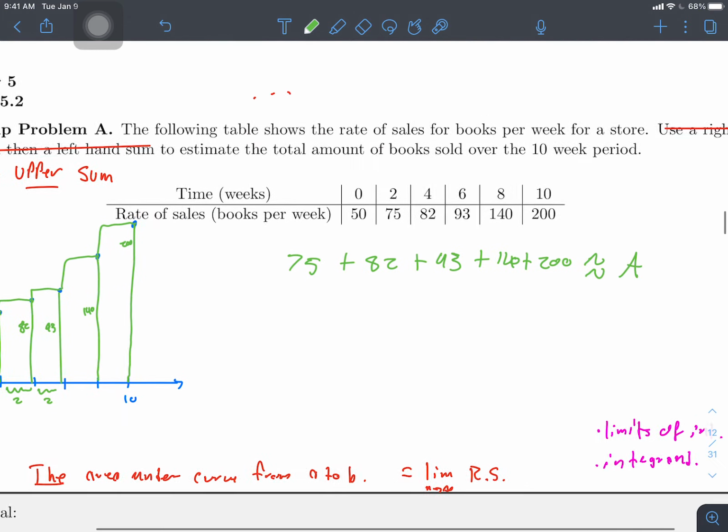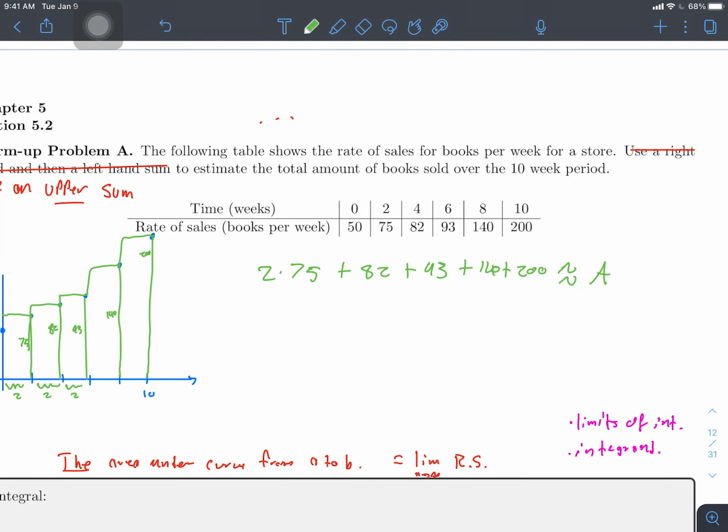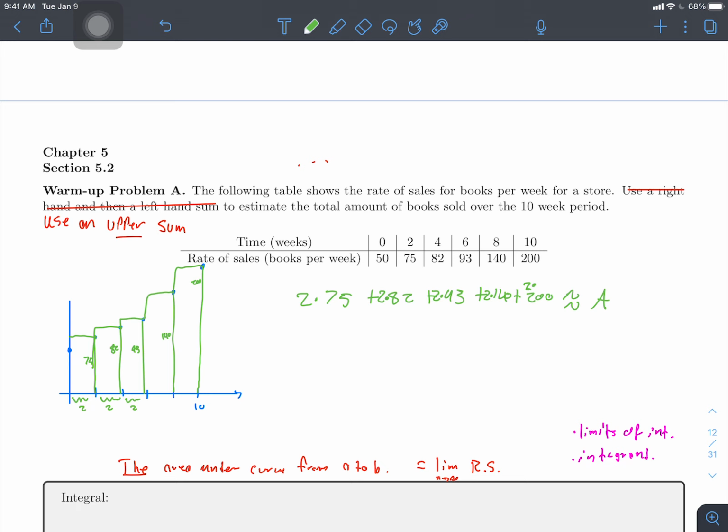So what I need to do is multiply each of these by 2 in order to get the actual areas of each of these. That's just a common mistake that I often see students make on exams, so I'm trying to warn you about that. So multiply each of those by 2 and we'll get an approximation of this area.